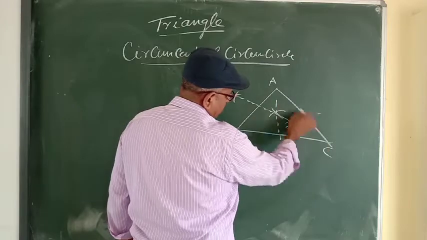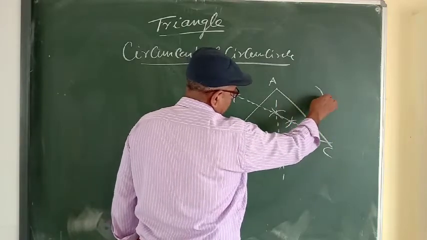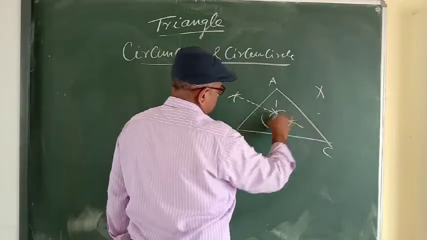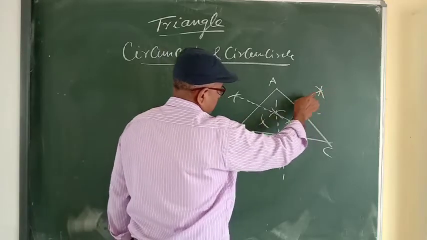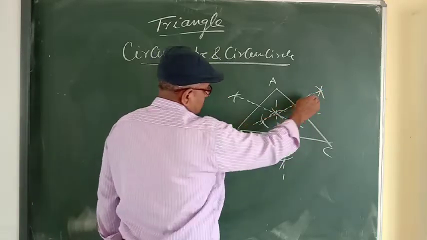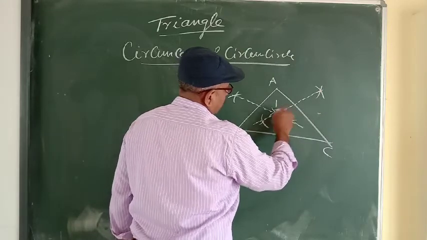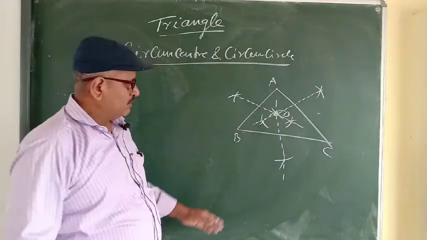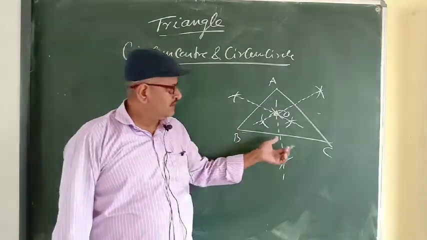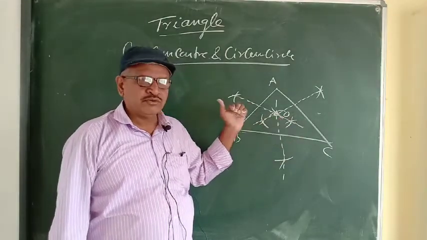And then we will draw the perpendicular bisector of AC. All these bisectors of these three sides meet at point O.